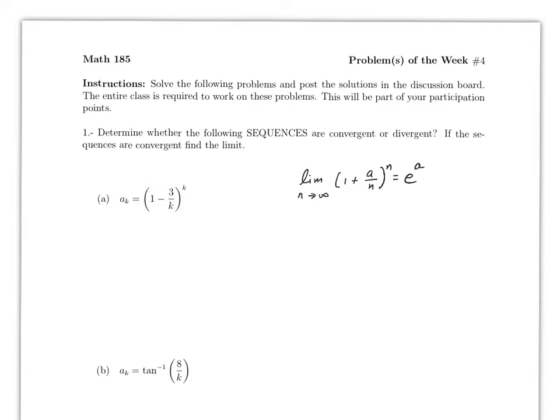To convince yourself about this result, you just have to use L'Hopital's rule, and you'll end up with this result. But this is very important. You should definitely memorize this result.